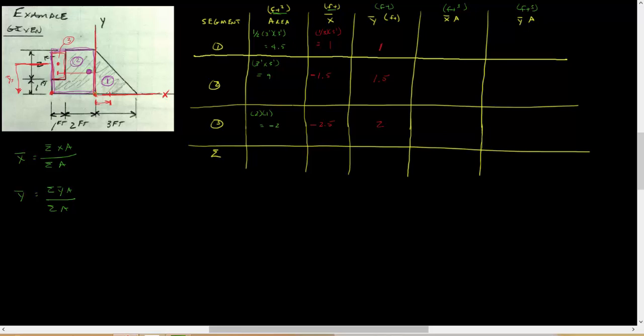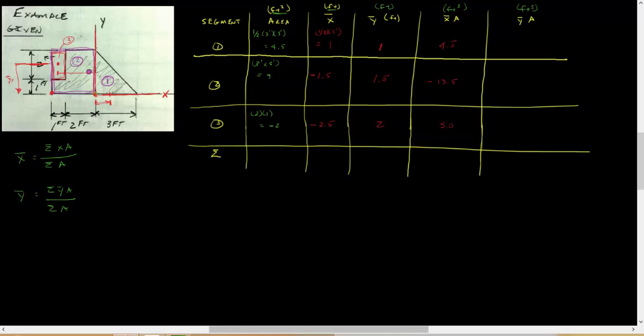Now, once I have this stuff, it's all calculator. So now all I'm doing is multiplying 4.5 times 1. That's x times a. 4.5 times 1 is 4.5. 9 times negative 1.5 is negative 13.5. Negative 2 times negative 2.5 is going to give me 5.